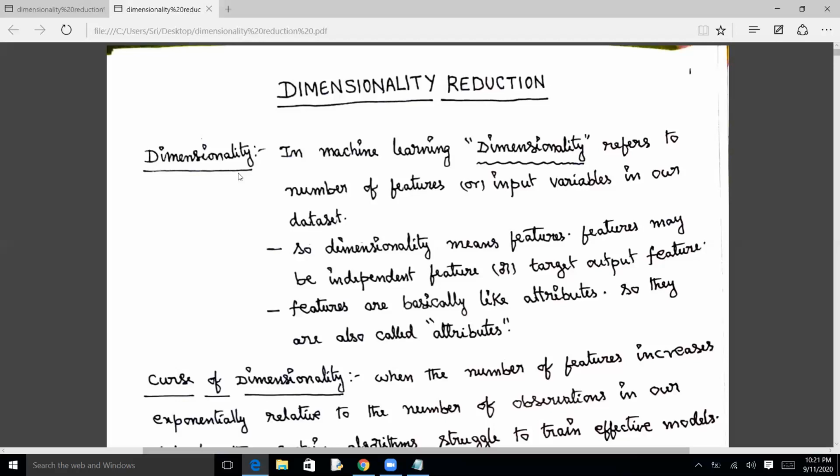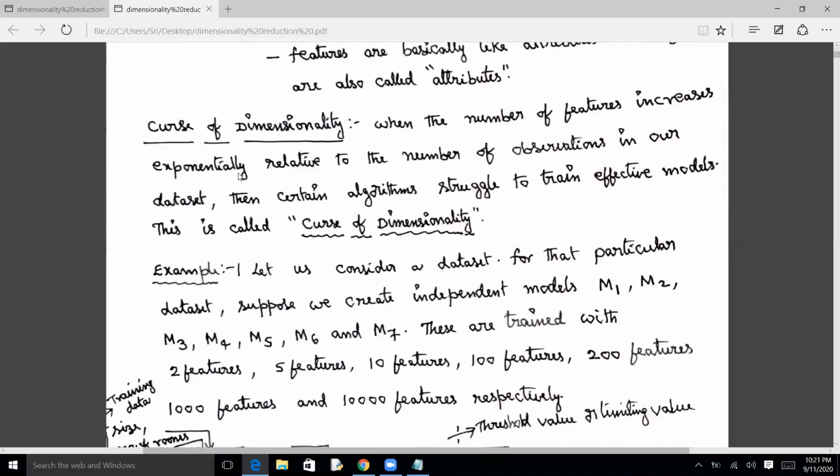Next one is curse of dimensionality. What does it mean? Whenever the number of features increases exponentially relative to the number of observations in the data set, then certain algorithms struggle to train effective models. This is called curse of dimensionality.